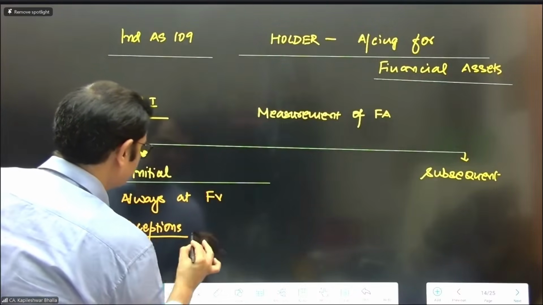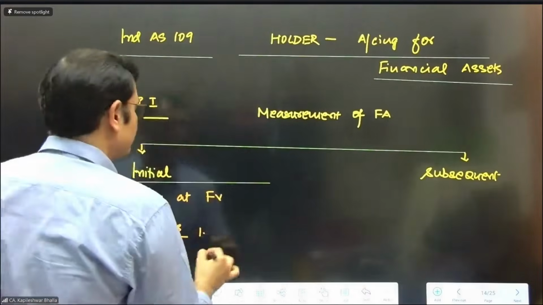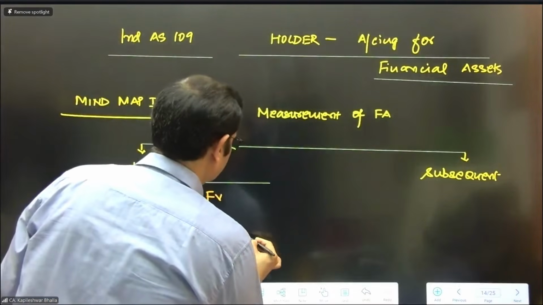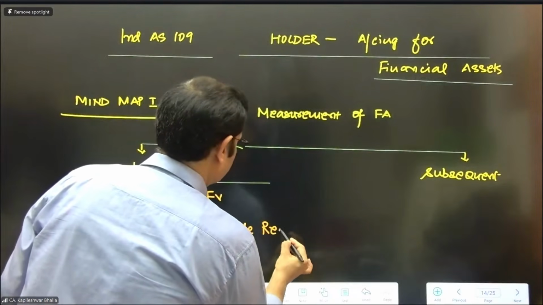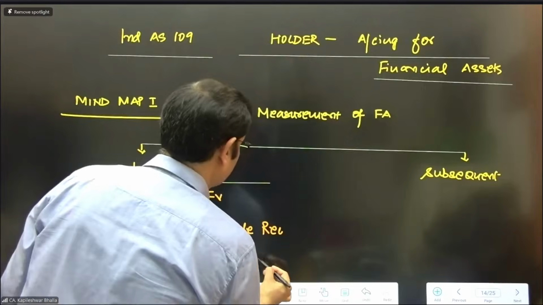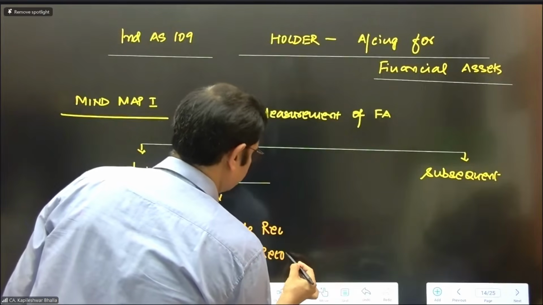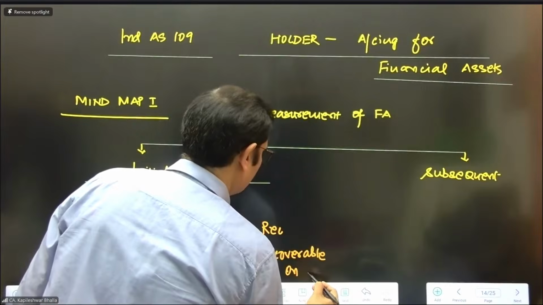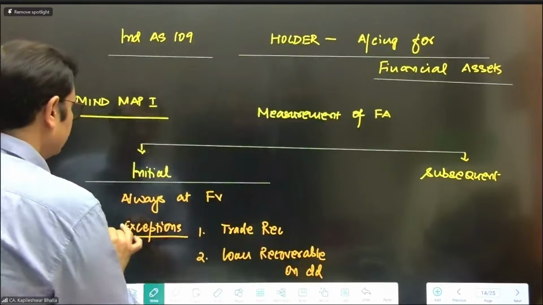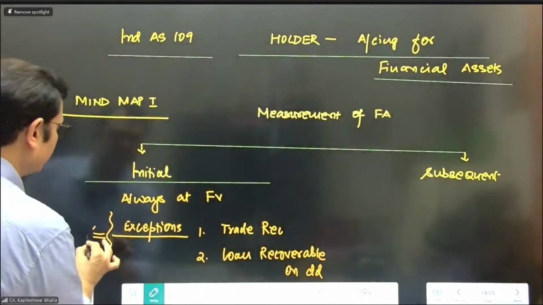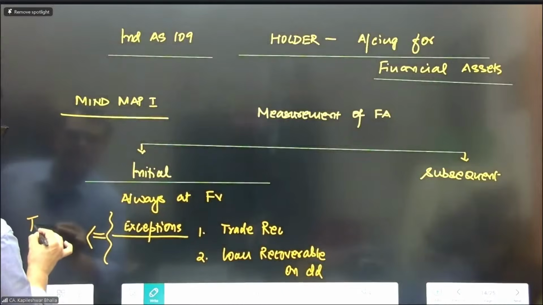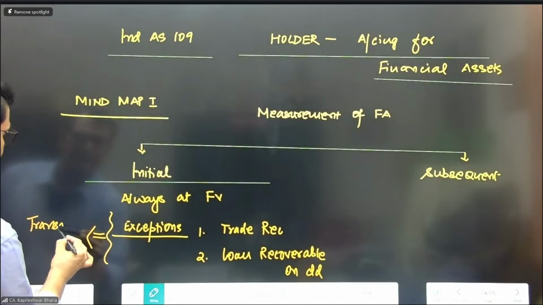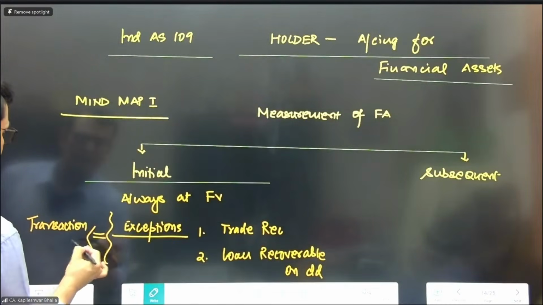The two exceptions are, number one, a trade receivable, or number two, a loan which is recoverable on demand. In these two cases of exception, the initial recognition is at a transaction price.